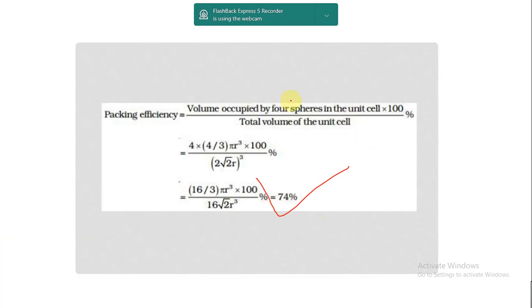So the packing efficiency of simple cubic is less than BCC, which is less than FCC.